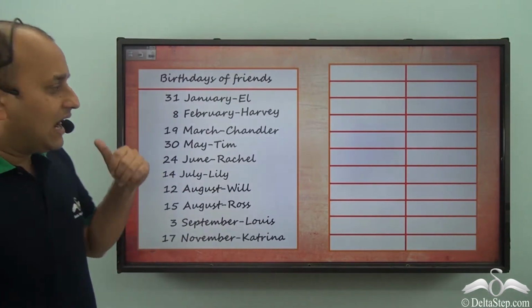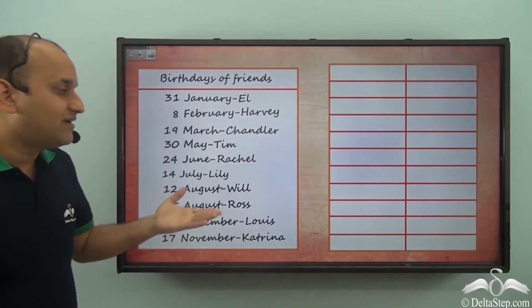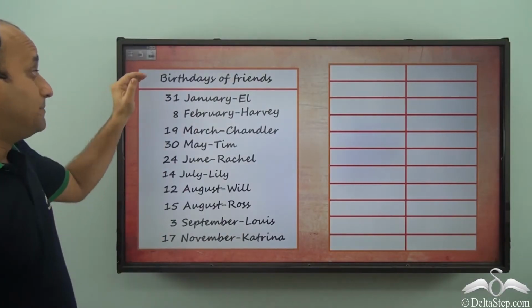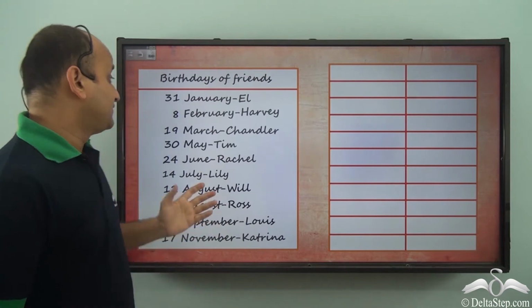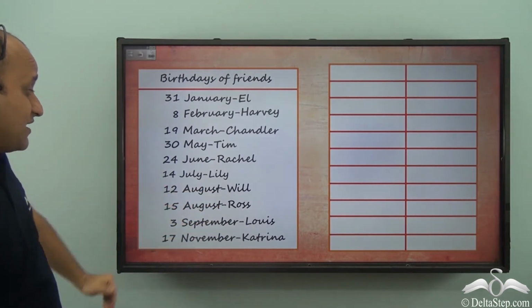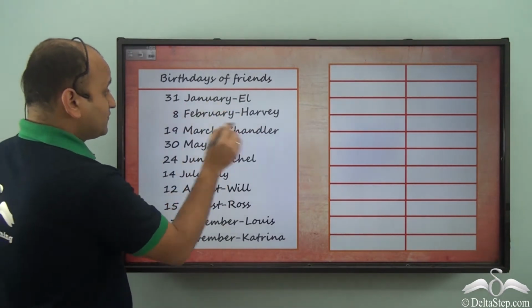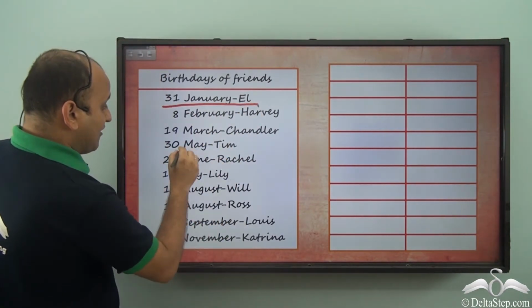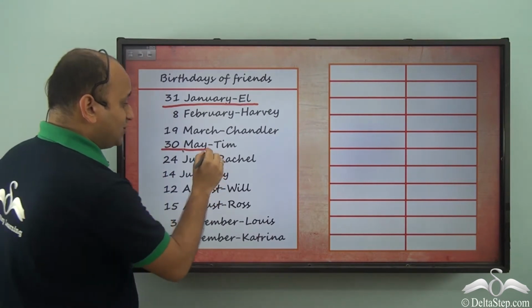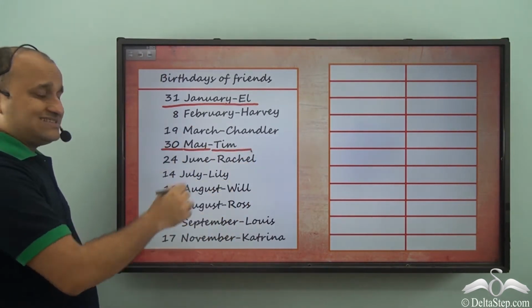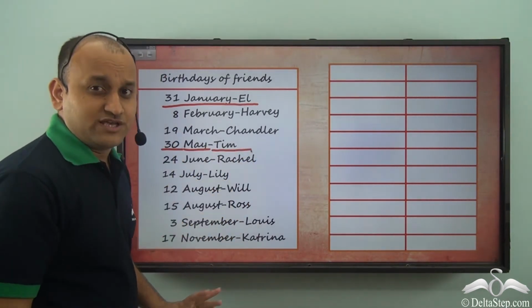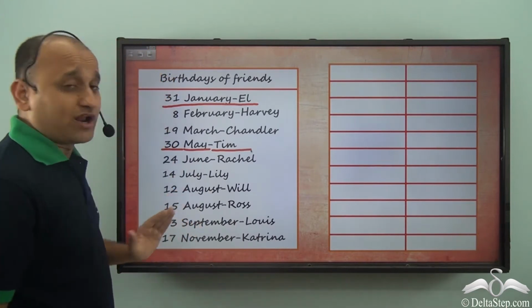Now, how will this table help us in better representing the data? Let's see. So you have this list, birthdays of friends. So this has been written in this manner right now. So there is a lot of information which you need to find out. So you have month, you have the date, and you have the name, and this definitely becomes a bit confusing even if it has been organized.